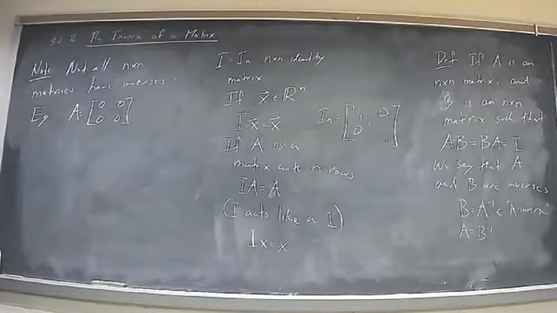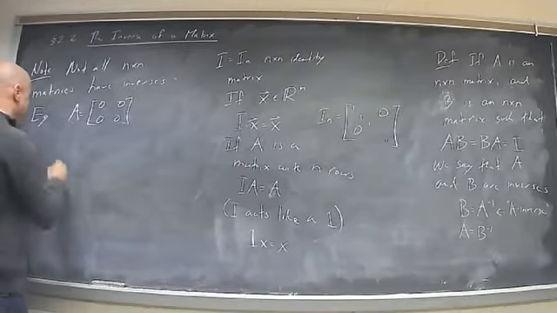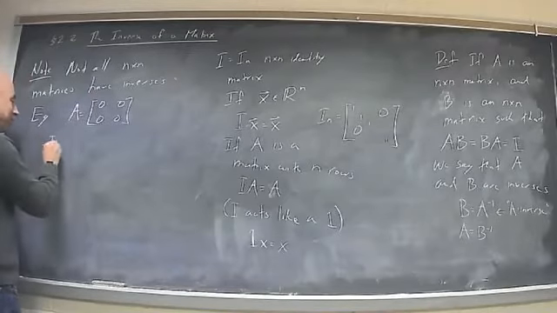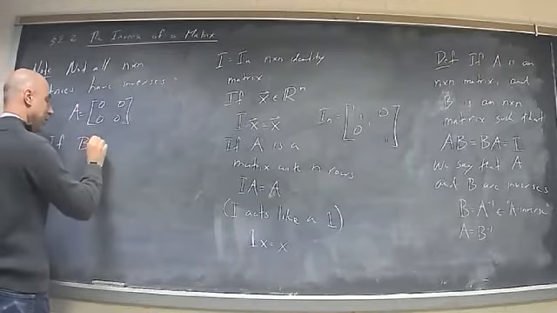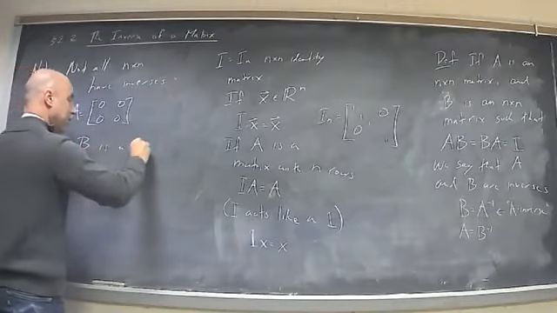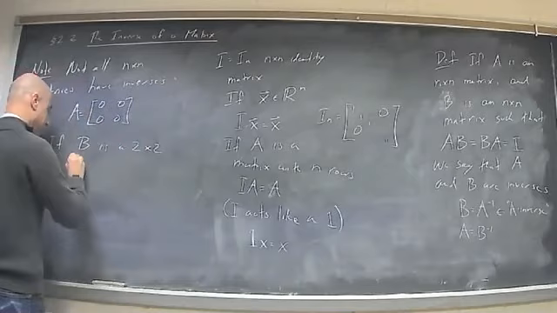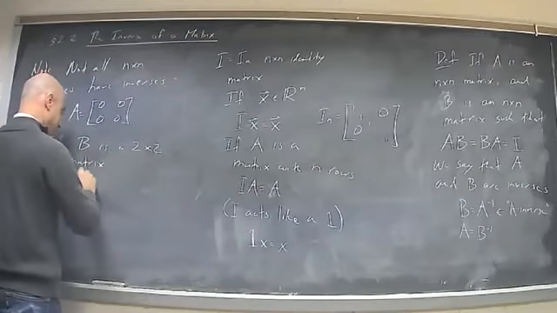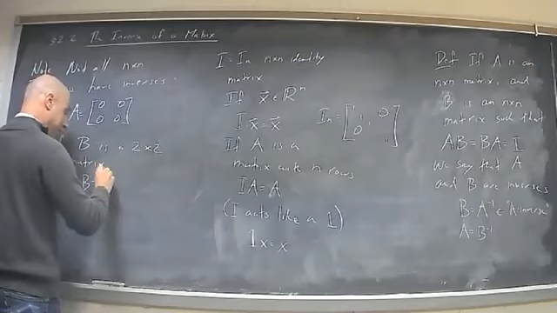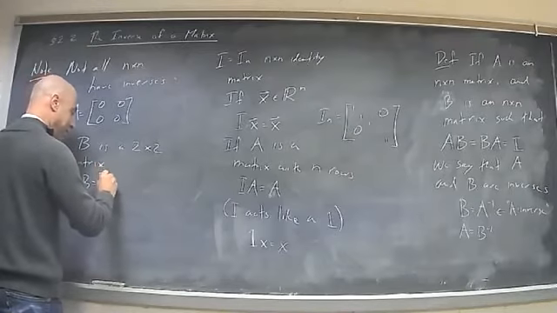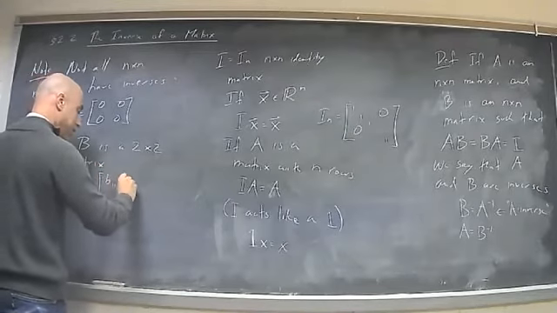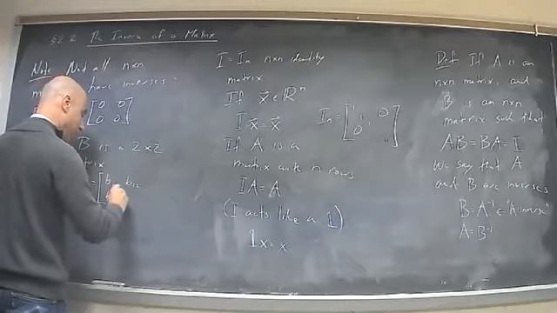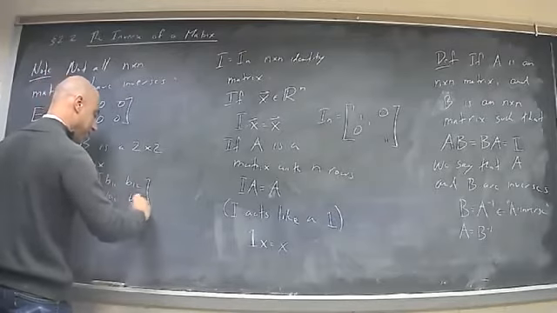Just keeping these small, 2 by 2. Then I don't care what B is. So if B is a 2 by 2 matrix, let's say B equals, well, I'm not going to even say what these are. So B11, B12, B21, B22, whatever those numbers are.